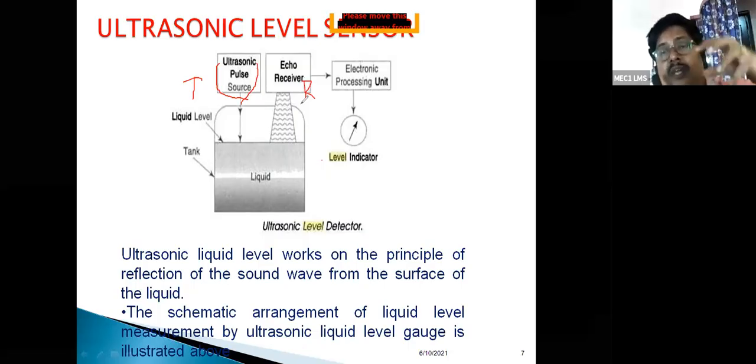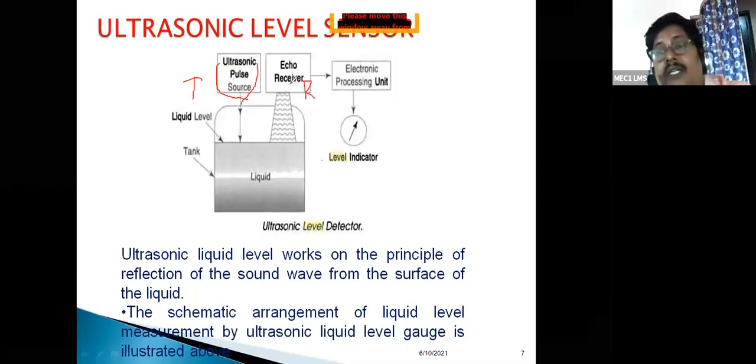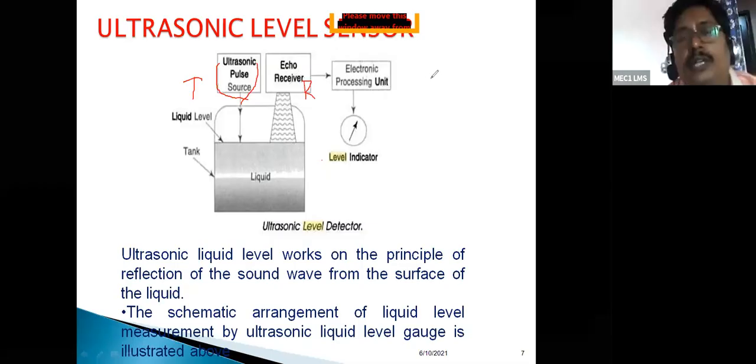When the waves are transmitted, they strike the surface of the liquid, reflect, and are received by the receiver. This time period is calibrated in terms of the level of the liquid in a tank.